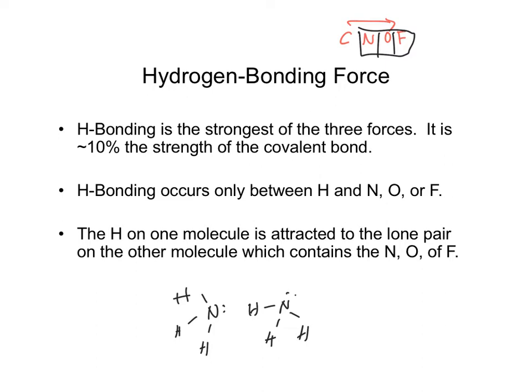So this lone pair right here is part of the hydrogen bond. So the hydrogen bond extends over 3 atoms. You have, in this case, nitrogen, hydrogen, and nitrogen. It's pretty much a linear interaction between them. If it's off angle a little bit, it's not as strong. And most of the time we depict it that way.